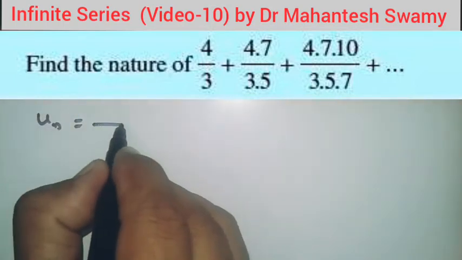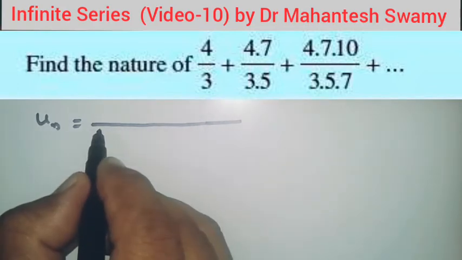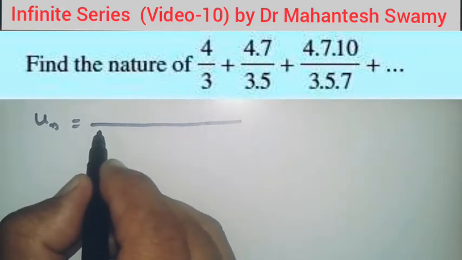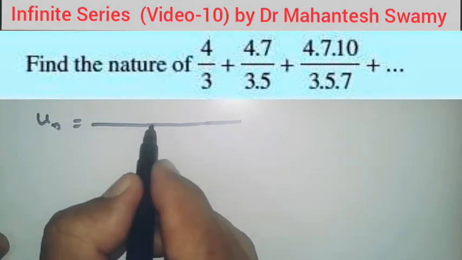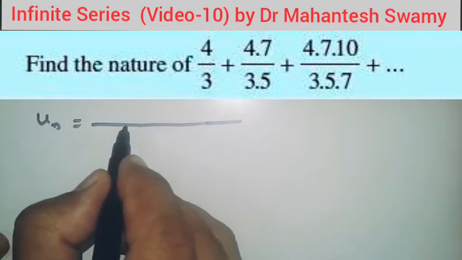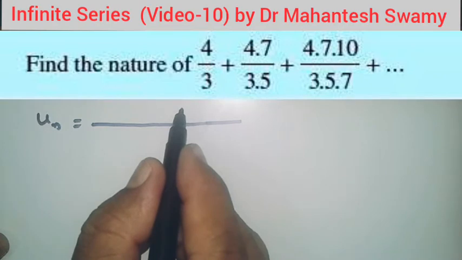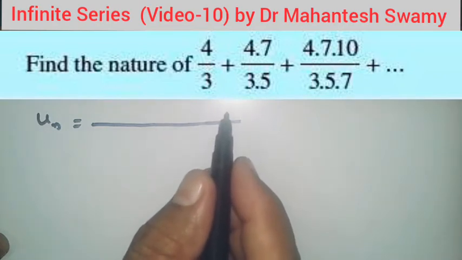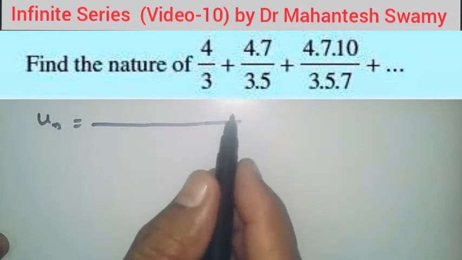So if we write the terms systematically, we observe that 4, which is present in the first term, is carried to the second term and the third term also. 7, which is present in the second term, is carried to the third term and the further terms also. Therefore each factor is carried forward.